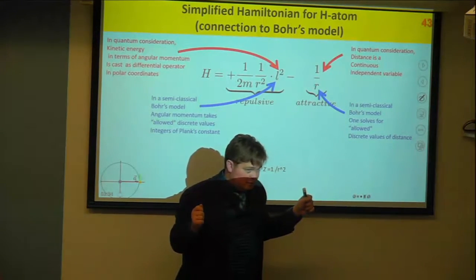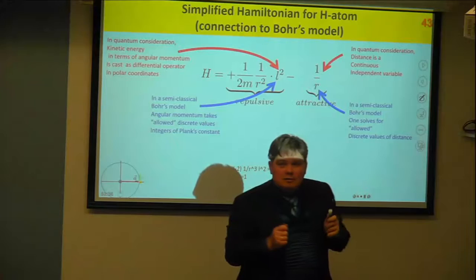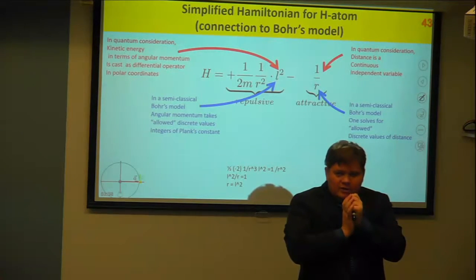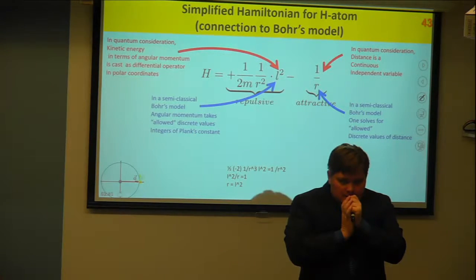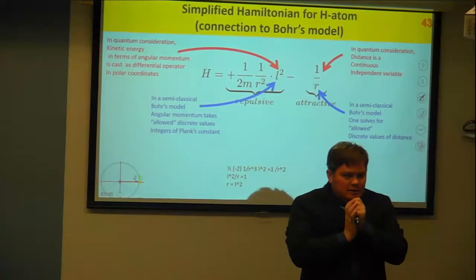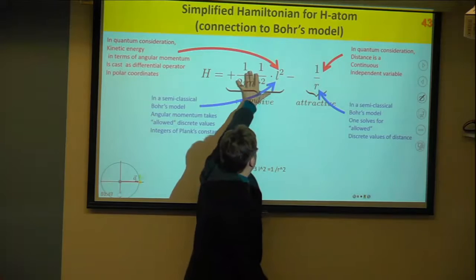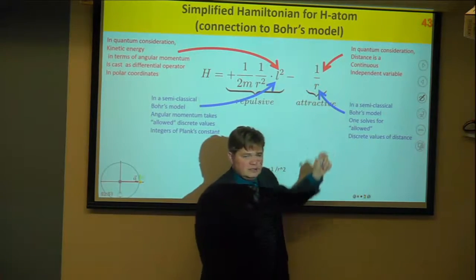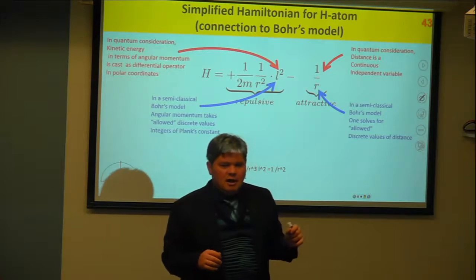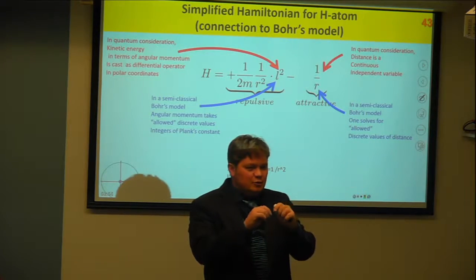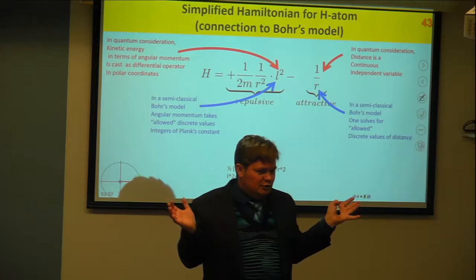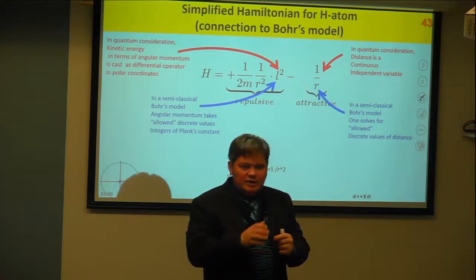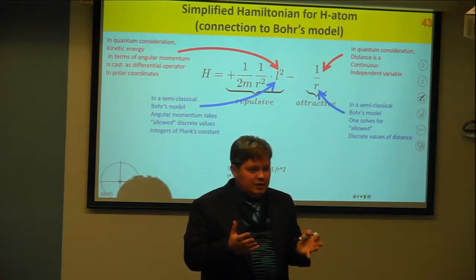Make sense? So, how can we interpret it? If kinetic energy, this first term, repulsive term, is bigger than attractive, stabilizing term, then our hydrogen atom would decompose into plasma. So it will be not a stable atom anymore.